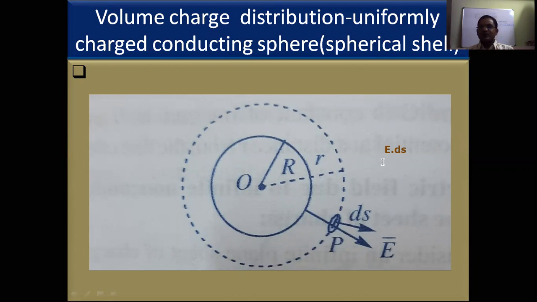So for that we should integrate E bar dot ds bar. The surface integral of E bar dot ds bar gives the total flux coming out through this entire spherical surface. We are considering an imaginary Gaussian spherical surface, and the point P lies on this surface.